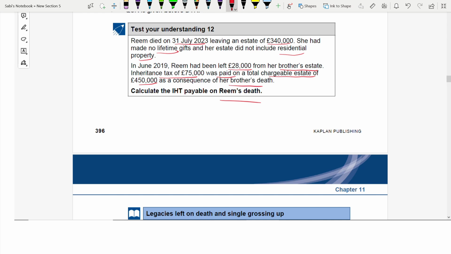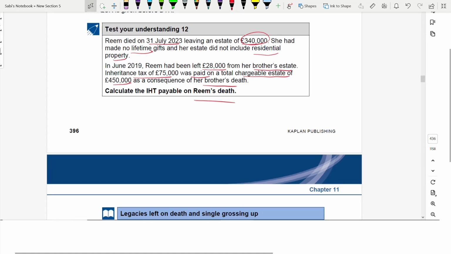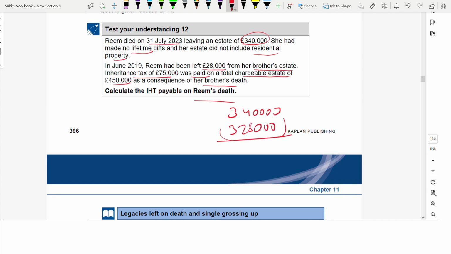So the gross chargeable estate value is 340,000. Deduct the nil residence band, nil rate band, no lifetime gifts. From 340,000 you can deduct the 325,000 nil rate band and get the taxable amount as 15,000. On this taxable amount, take the tax IHT at 40%.